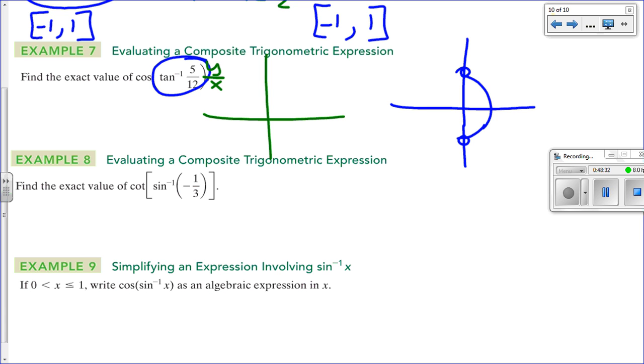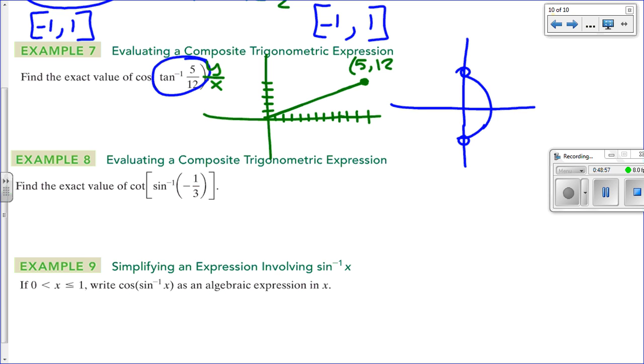So that means that for my y, I will go 5 units. 1, 2, 3, 4, 5. And for my x, 12 units. 1, 2, 3, 4, 5, 6, 7, 8, 9, 10, 11, 12. So I will have a point here, and I'm going to connect it with the origin.